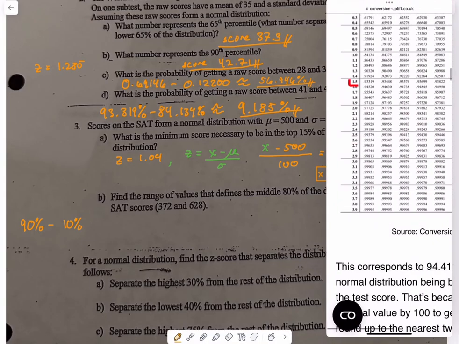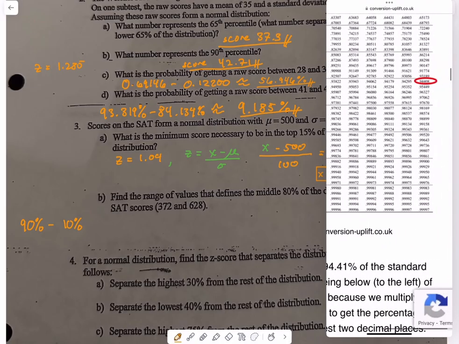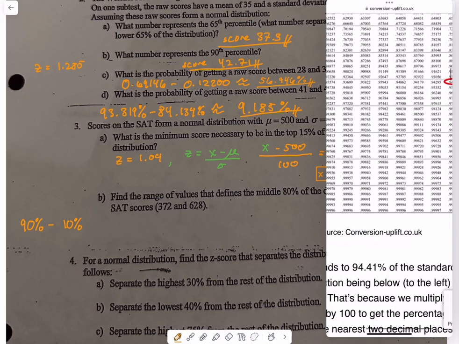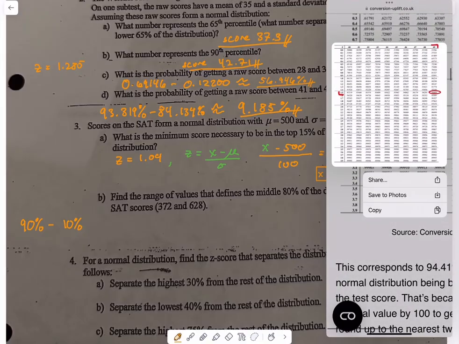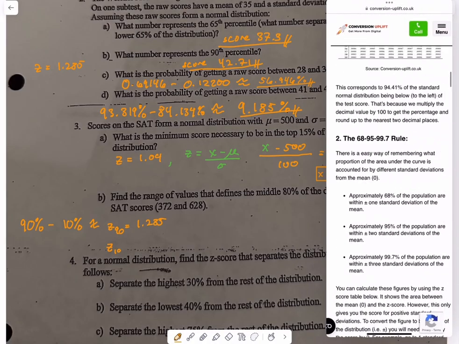So the 90% from the chart, that z-score, I think we found it earlier, is right there in the middle. I think that's like 85. 1.285. So the z-scores. What's the z-score associated with the 10%? So now for the 10%, we might need to go to the negative z-score chart.